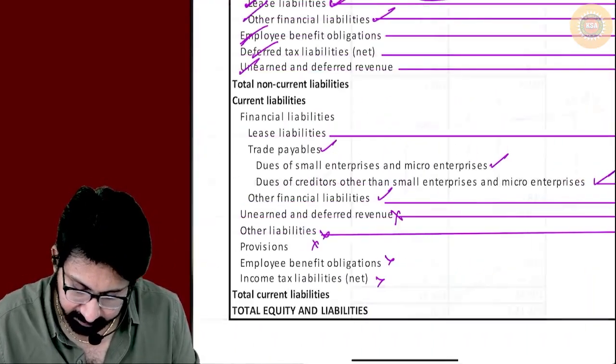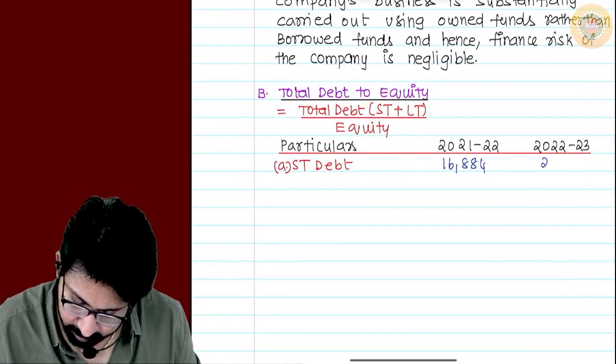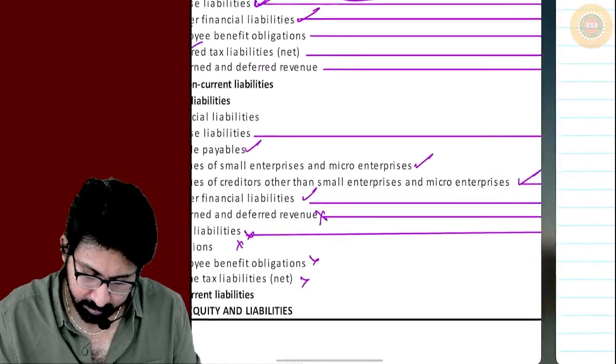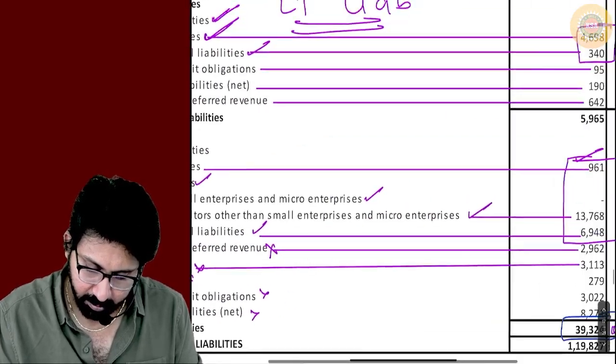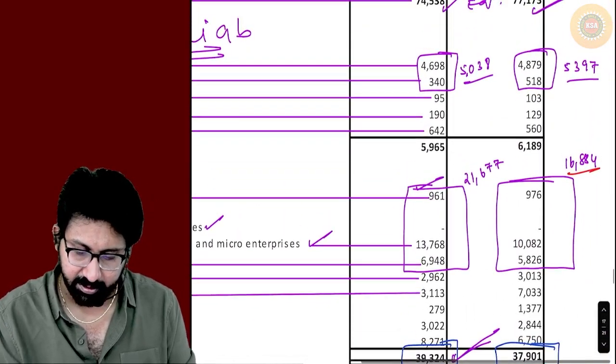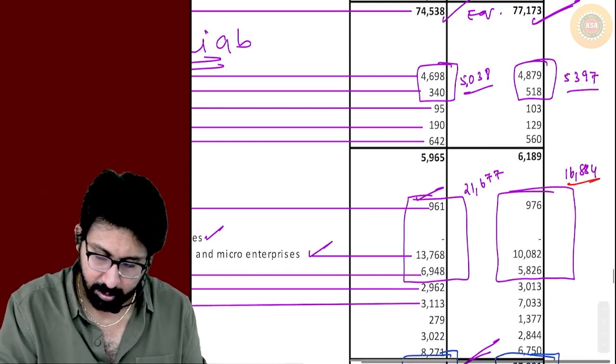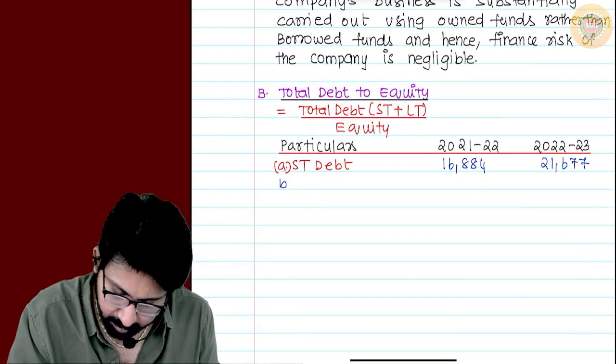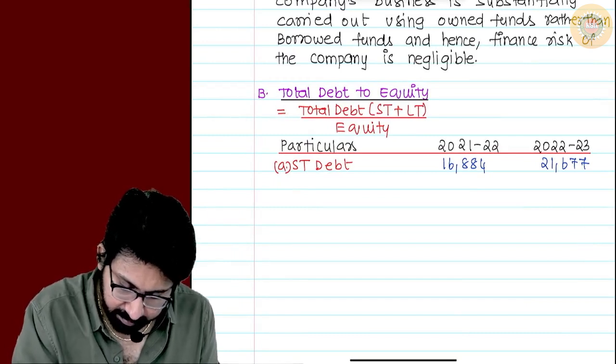Next, 21,677. Long-term debt you already calculated previously. Please everyone help me with the numbers.